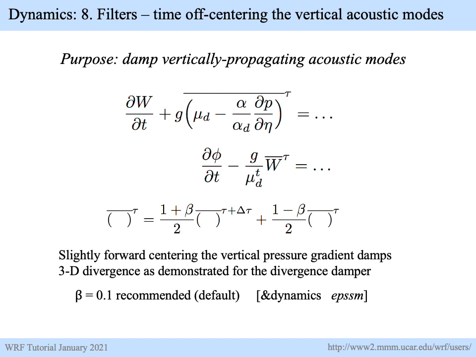In the case of ARW, the default is to set that term beta, which forward weights the new time, to 0.1. That parameter is EPSSM. That's in the dynamics part of the namelist.input. When you're running real data cases in ARW and some of the idealized cases too that have terrain, that off-centering is necessary for stability.